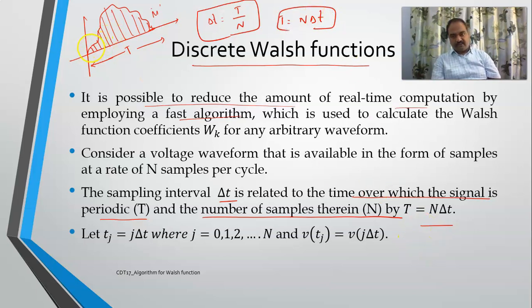And the voltage at these instants of time, let these instants be t1, t2, t3. The initial one, let it be t0, and this is going to be tn. So tj is equal to j times delta t, and the voltage at that particular instant, let it be v of j delta t.